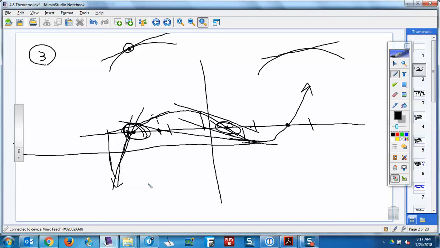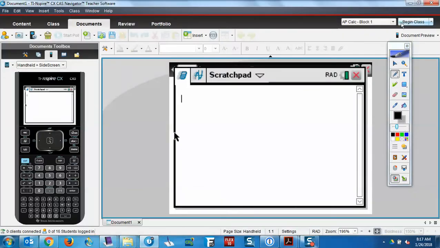Okay, get your calculators out real quick. I'm going to show you kind of how you could shortcut this on your calculator a little bit.